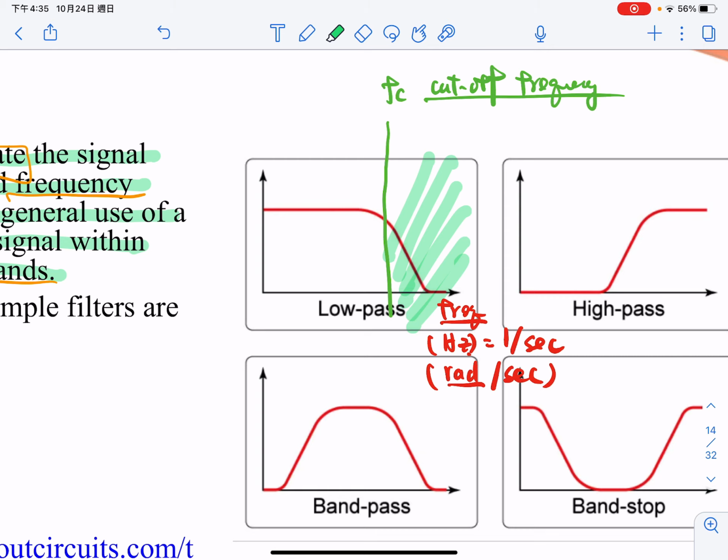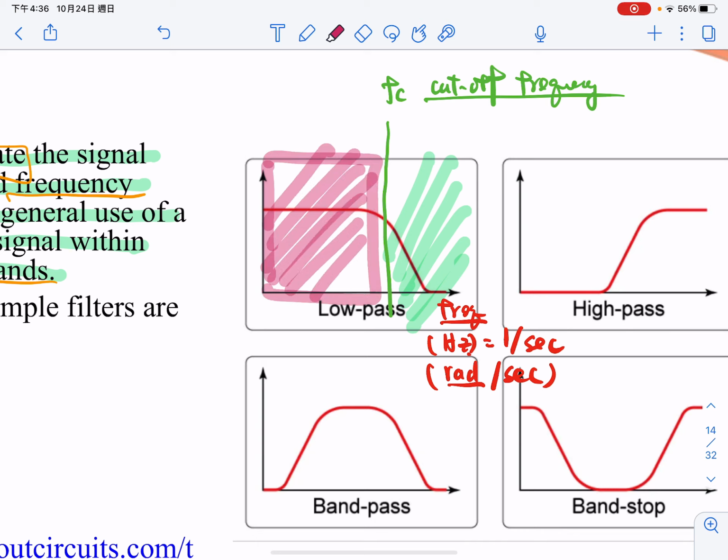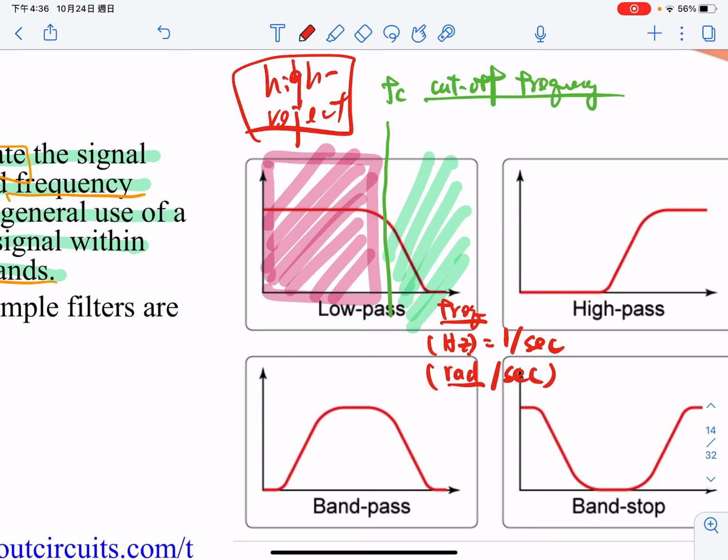We call it low pass because we don't change the content of the signal if it's lower than the cutoff frequency. Of course, you can say it's a high reject filter, which is also okay, but usually we just call it low pass.